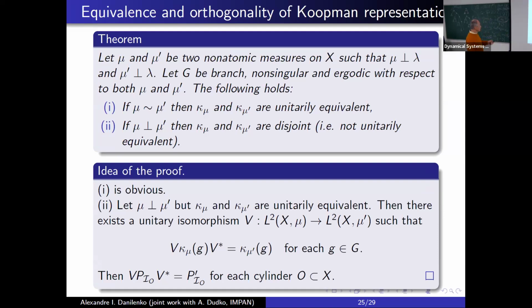Idea of the proof. The first is obvious, and for the second, suppose mu and mu prime are orthogonal, but the corresponding Koopman representations are unitarily equivalent. Then there is a unitary isomorphism B between these two spaces, with this property.